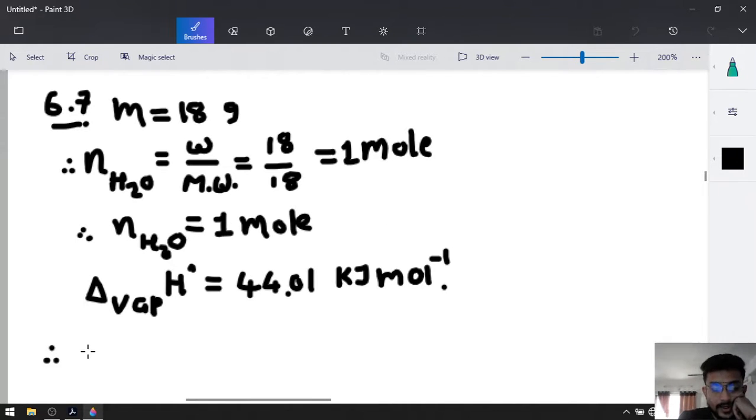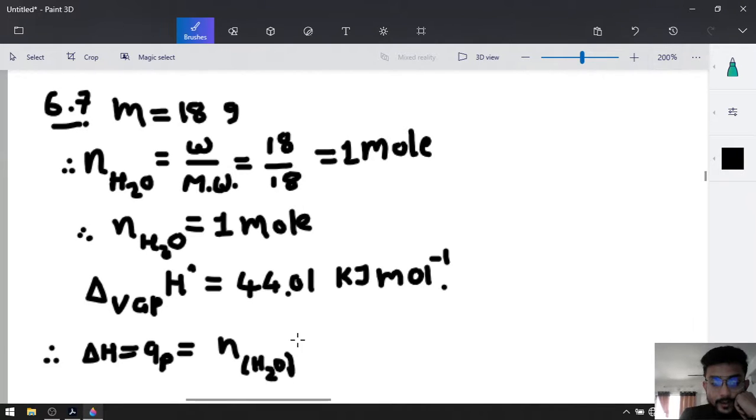For the amount of heat, that means for delta H, which is also equal to QP, because pressure will be constant, it will be equal to the number of moles of water on the body of the swimmer into the vaporization enthalpy delta vap H. In this case, they have given us only 18 grams.